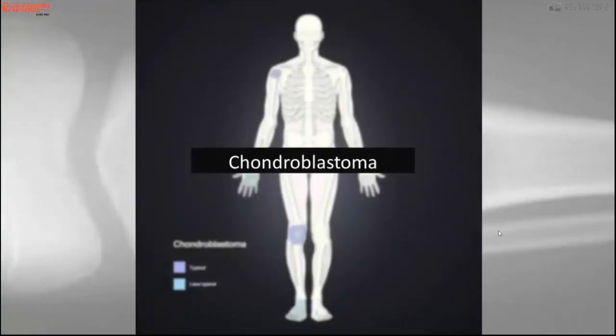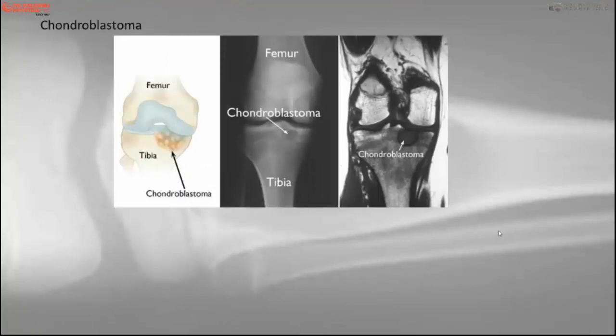So the next tumor, which is uncommon but a very notorious tumor, is the chondroblastoma. This usually appears in children, usually around the growth plate and before skeletal maturity. You see it just juxtaepiphyseal, and on the scan you see a large, big lesion.